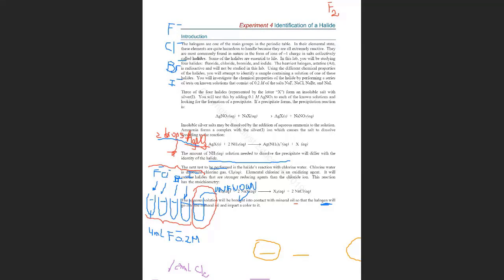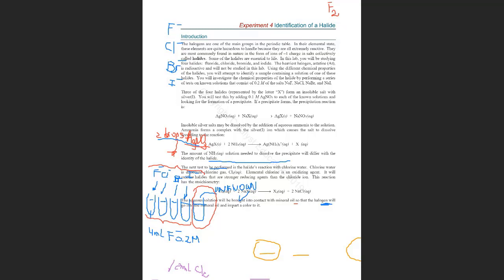Okay. I have a question. So basically, the principle of this second part is just to know which one's the oxidizing agent. Then after you have the 5 tubes, you add the mineral oil. It starts off as colorless, and then after you add the chlorine water, there's going to be a color change, and you're just trying to see which element is causing the color change.